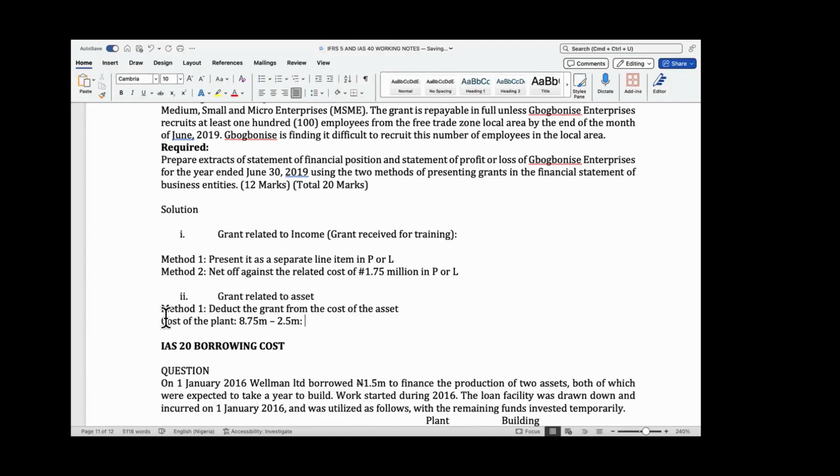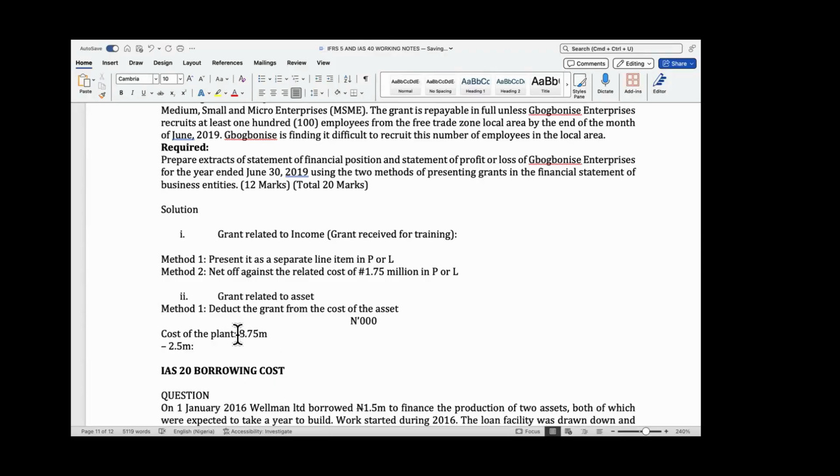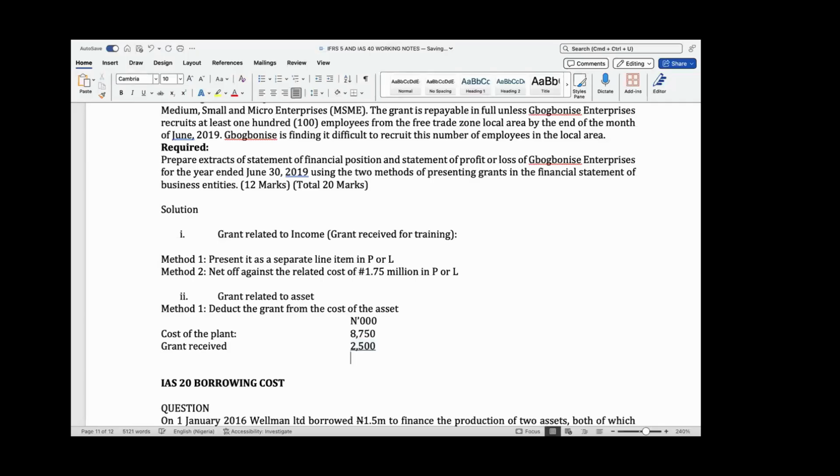Let me just put it in thousands so it's clearer. If I deduct it, that's 6,250,000, so this is the cost of the plant.